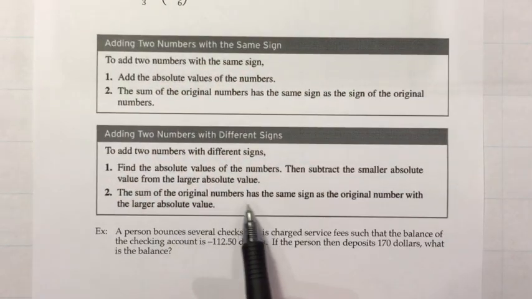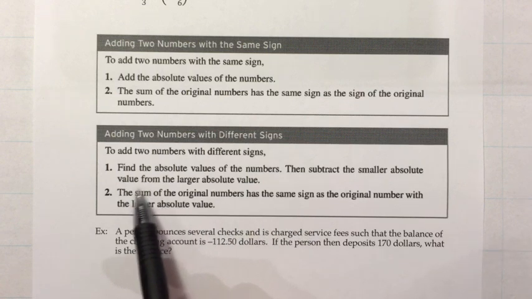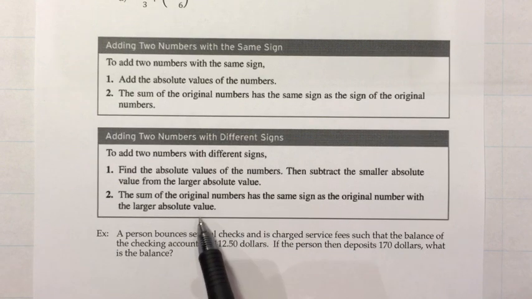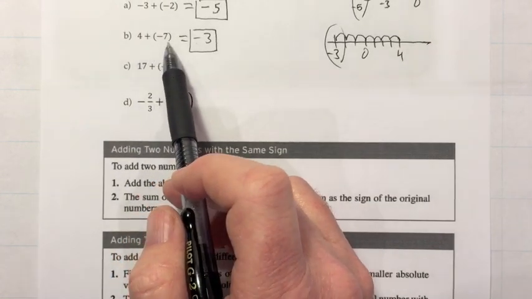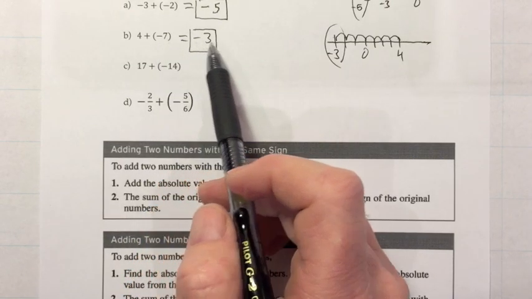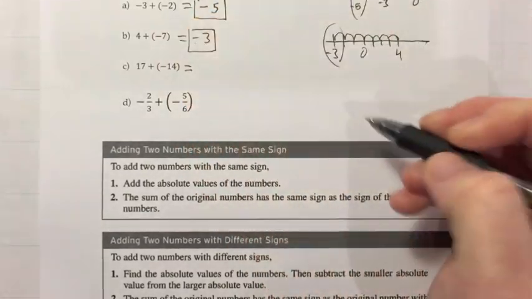And then the answer has the same sign as the original number with the larger absolute value. So of those two numbers, if you ignore signs, which one is bigger? 7. So whatever sign that has wins, and so it's a -3. So let's think about that now with these two without using the number line.